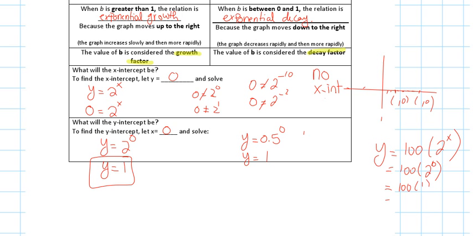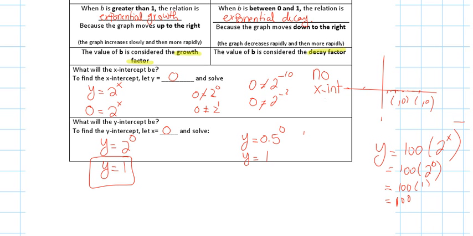And remember, what does the word initial value mean? When x is equal to 0. Initial means when x is equal to 0. So this is a side example. If my initial value is 1, my y-intercept is going to be 1.